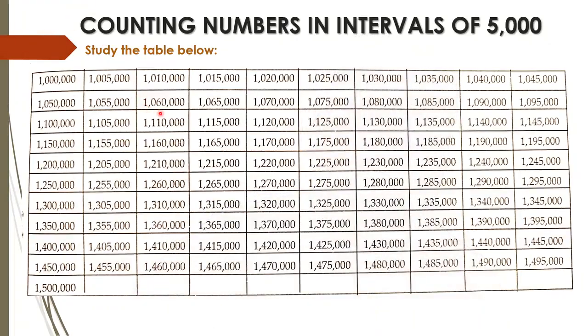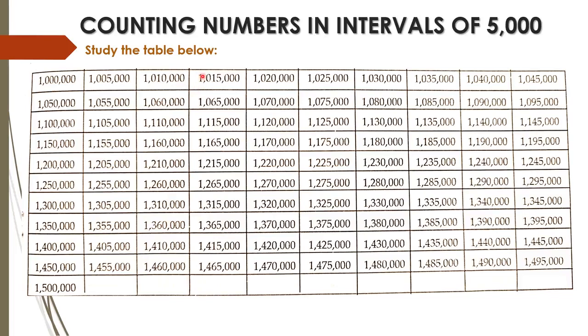Here with me, I have the table, as we will be counting numbers in intervals of 5,000. Study this table. As you can see, it has big figures. For example, here there is 1 million, then 1,005,000. The next one, 1,010,000.